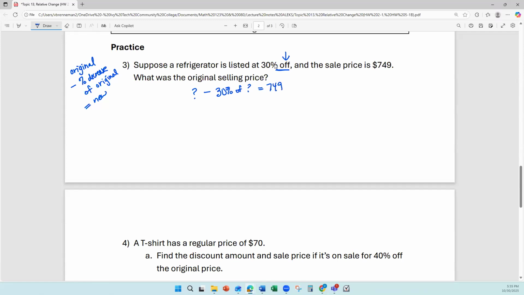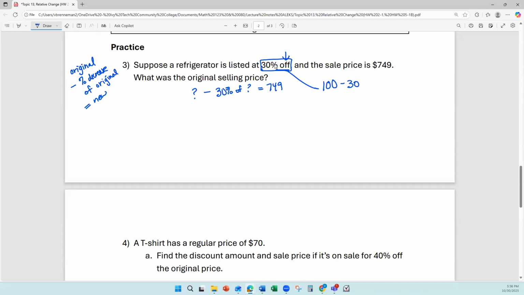So if you don't have the original value, what you want to do is take that percent off, and I say, I'm not going to do anything with 30%. I need to figure out what's left. So I need to figure out how much of the original price is the new price. So I'm going to take 100 minus the 30%.